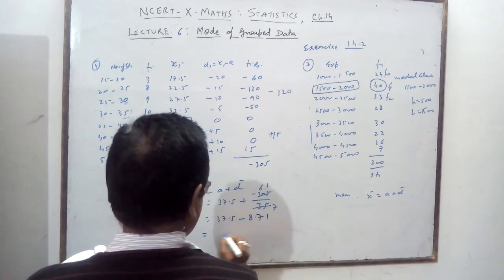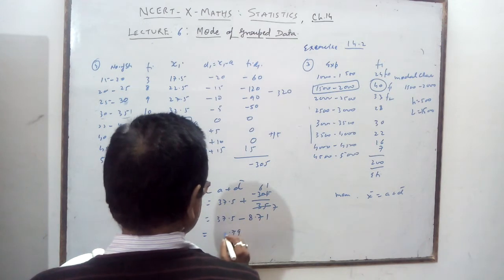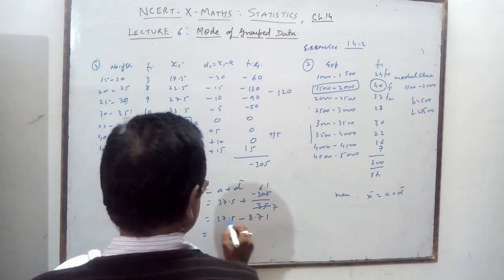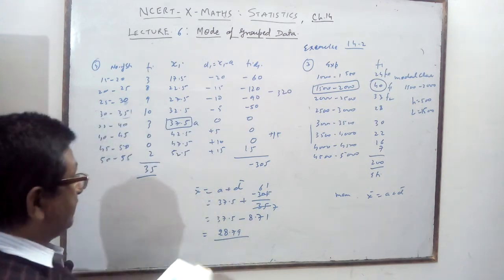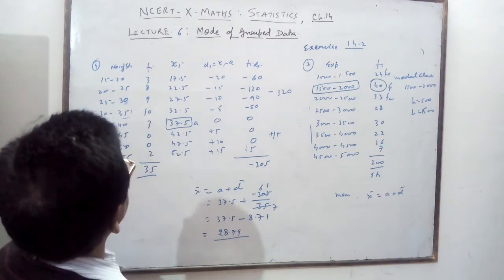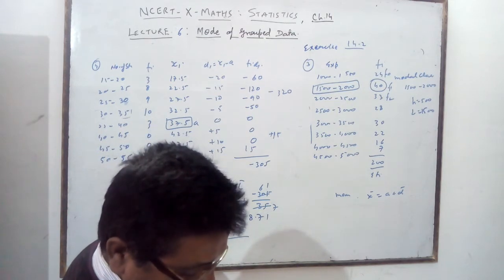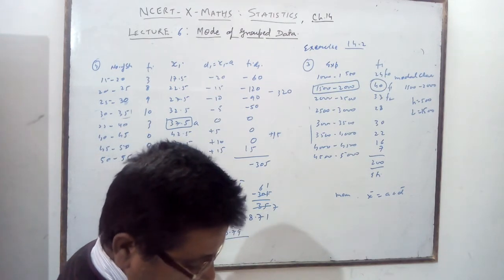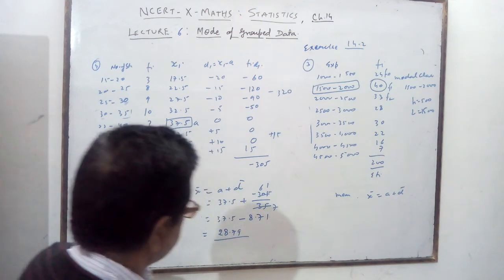So you will get 28.79 as the mean. For question number 4 you are getting 28.79.